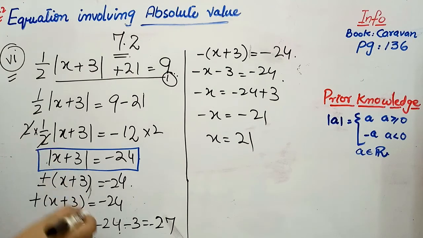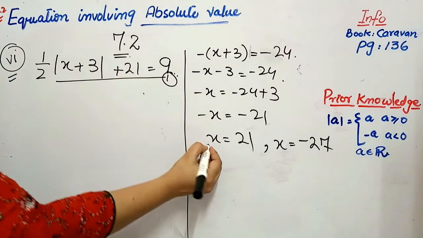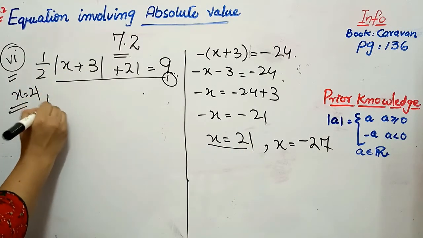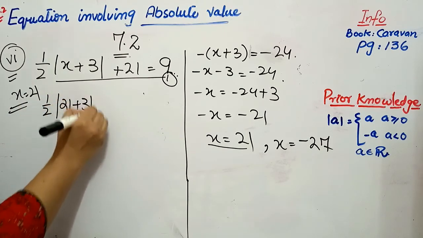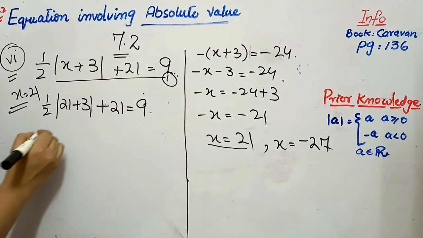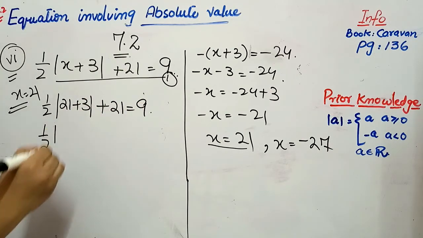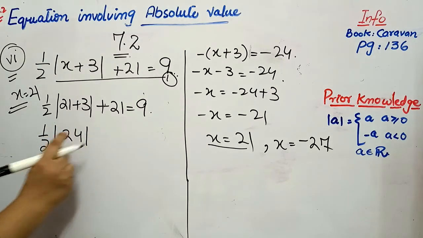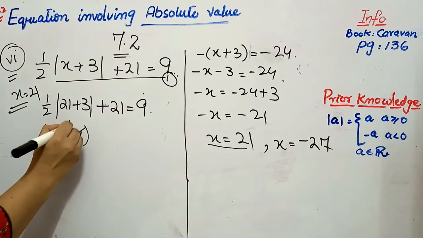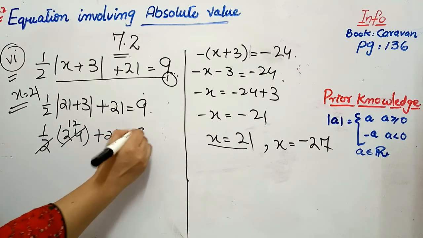We have to substitute both of these values in equation 1 to check whether these are original solutions or extraneous solutions. Let's substitute x is equal to 21 in this equation. It will be 1 upon 2 modulus of 21 plus 3, plus 21 is equal to 9. 21 plus 3 will be 24, and when it is in the modulus, the positive 24 will be there. 12 plus 21 is equal to 9?